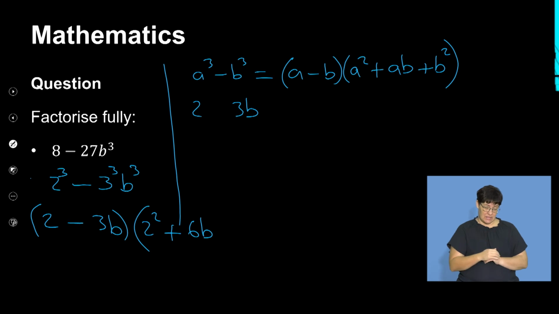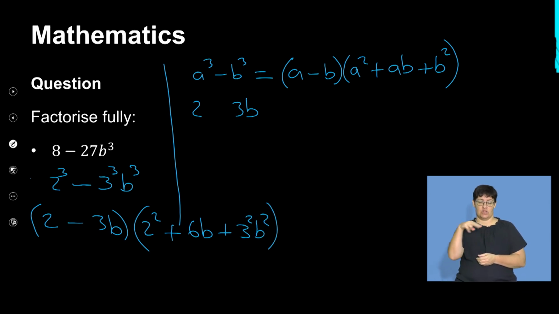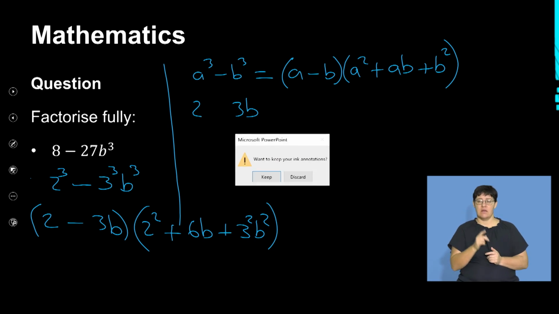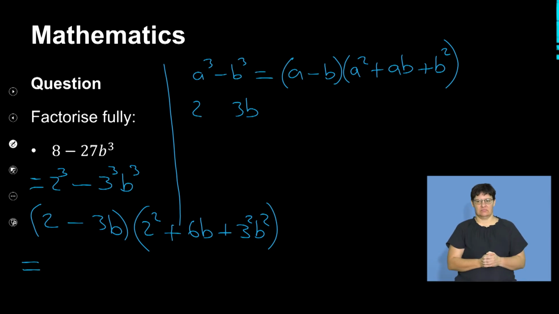The last one is b squared, which will be the 3b all squared, and that gives me plus 3 squared b squared. And then you will need to simplify this.